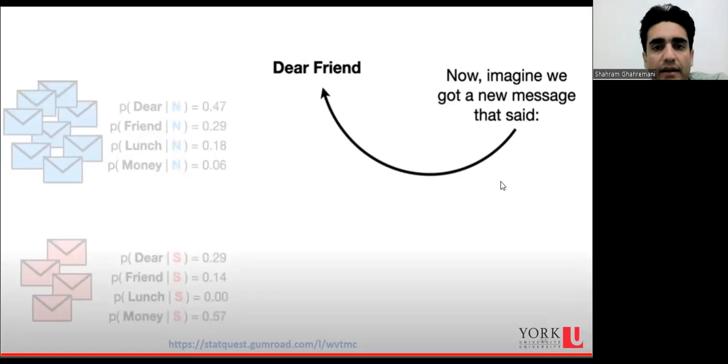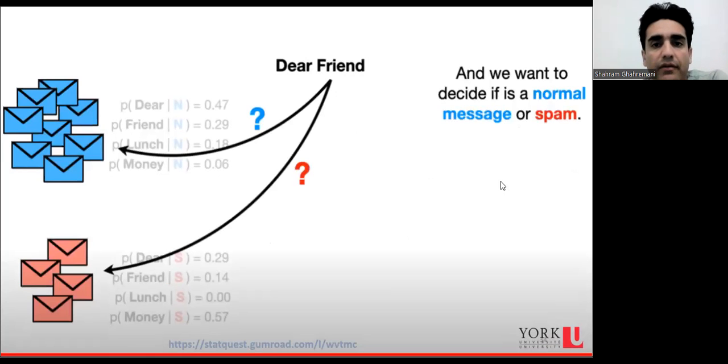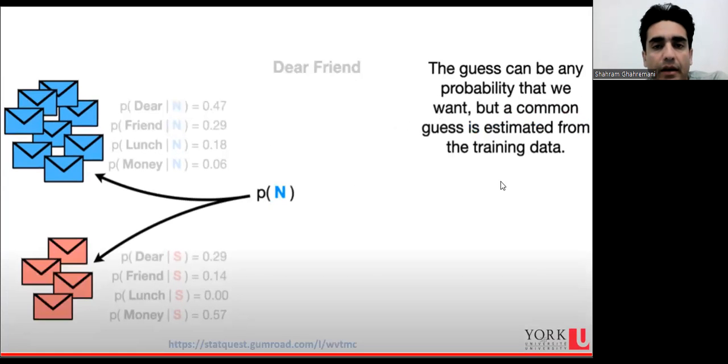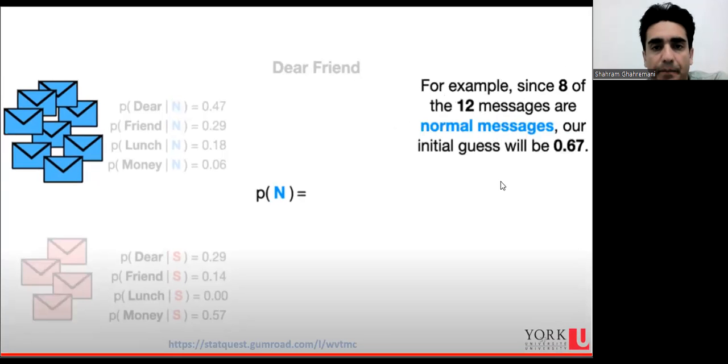Now imagine we got a new message that says "dear friend", and we want to decide if it is a normal message or spam. We start with an initial guess about the probability that any message, regardless of what it says, is a normal message. The guess can be any probability that we want, but a common guess is estimated from the training data.